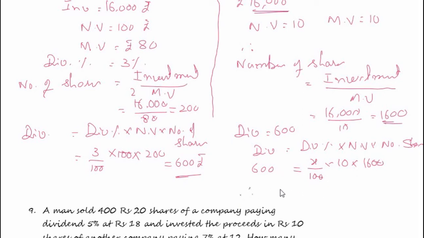Therefore X equals 600 divided by 160. 0 cancels here, so it is 15 by 4, which is 3.75%. So the percentage dividend that B gets is 3.75%, so that he also gets a dividend of rupees 600.